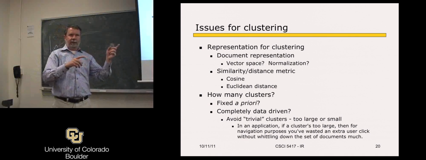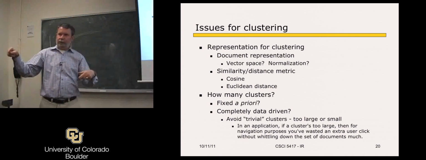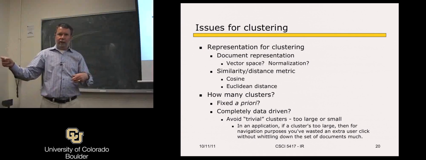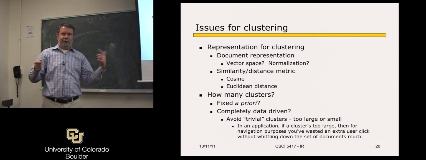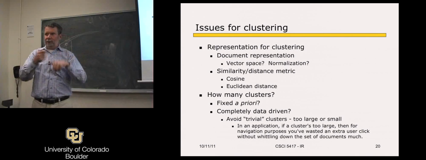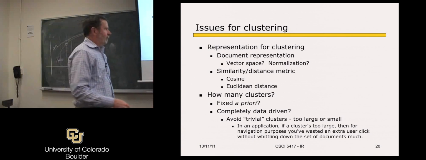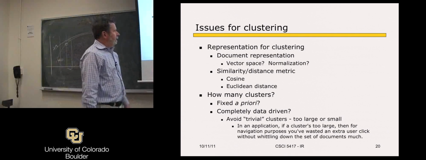Typically, the clustering algorithms that don't require you to tell them how many clusters there are have a parameter attached to them that's a threshold, and you have to set that parameter. Setting that parameter looks an awful lot like saying, I want 7 clusters. So there's no free lunch, and I'll show you some examples of that in a minute.